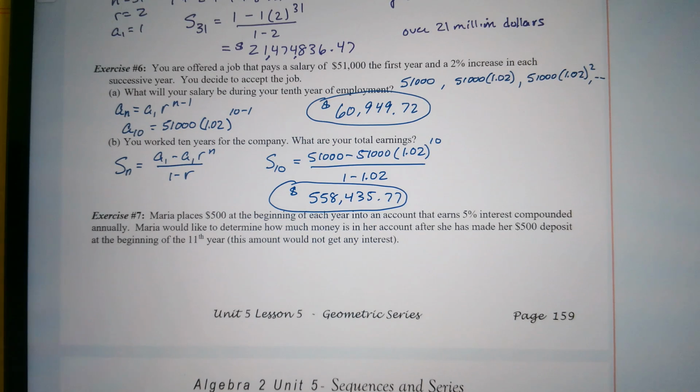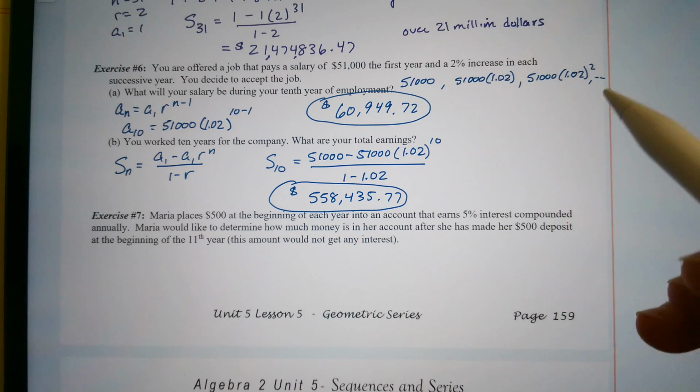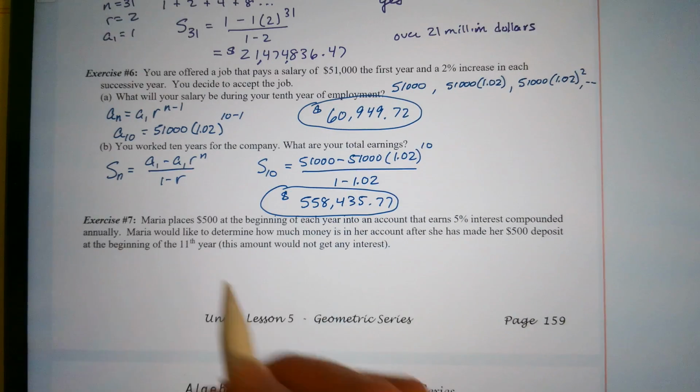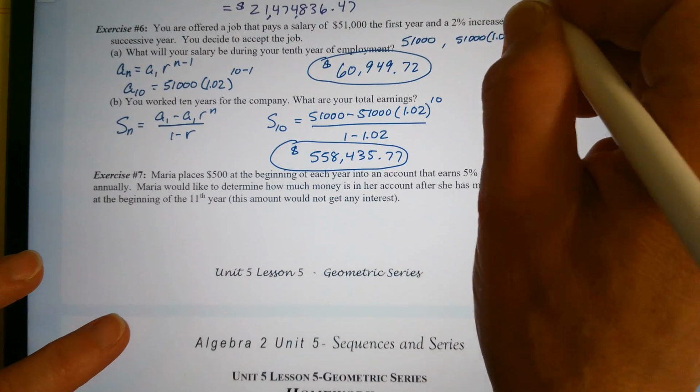And then our last question, Maria places $500 at the beginning of each year into an account that earns 5% interest compounded annually. Maria would like to determine how much money is in her account after she had made her $500 deposit at the end of the 11th year. All right, so $500 to start with.